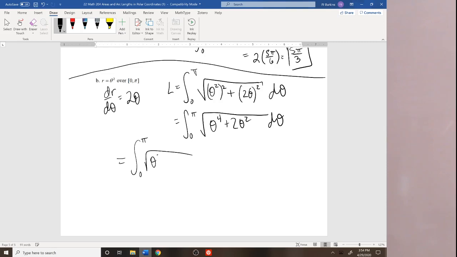So take out a theta squared out of those two. It can come out of the radical as a theta. Dang it, I keep doing that. Do a u sub.